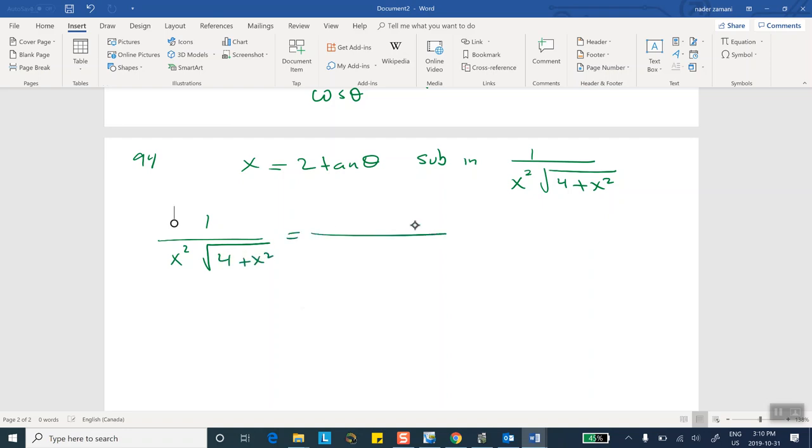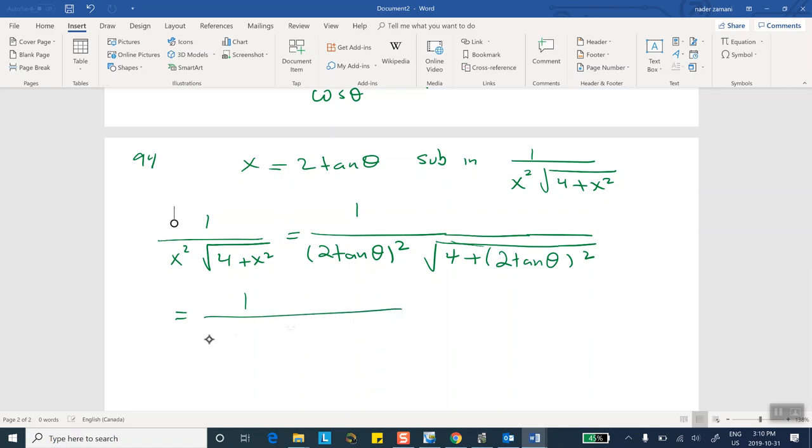Let's stick it in. 1 over 2 tan theta squared, square root of 4 plus 2 tan theta squared. So this is 1 over 4 tan squared theta.